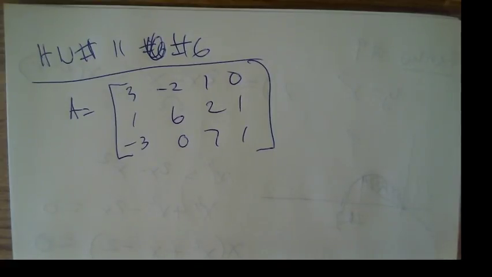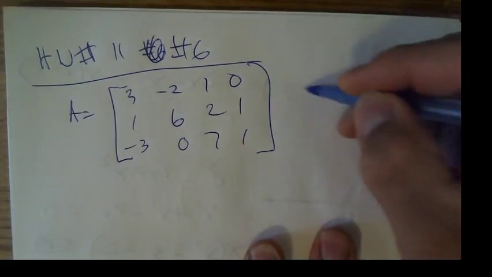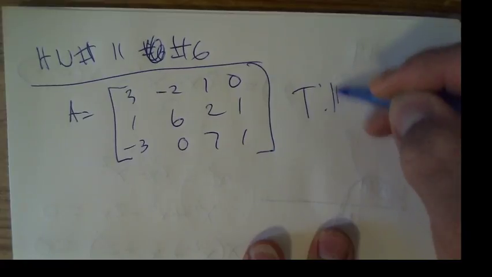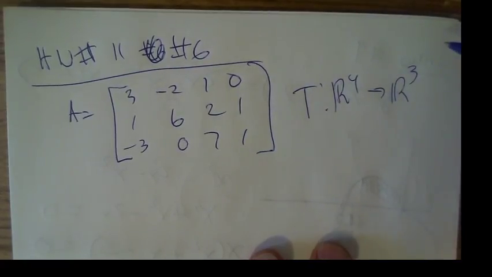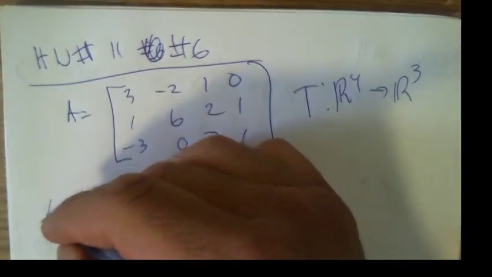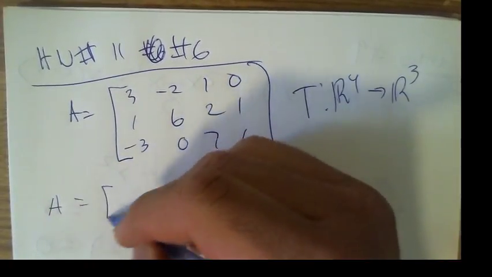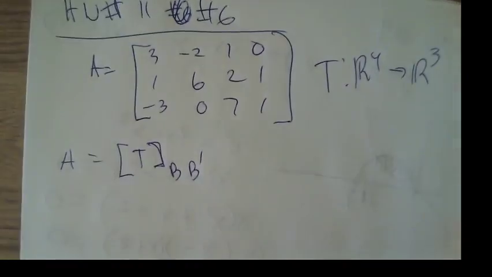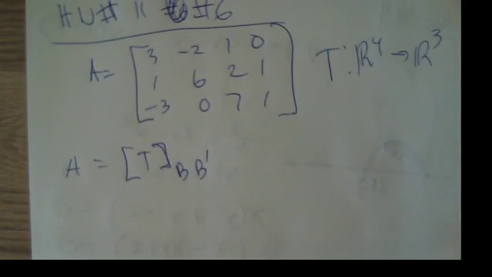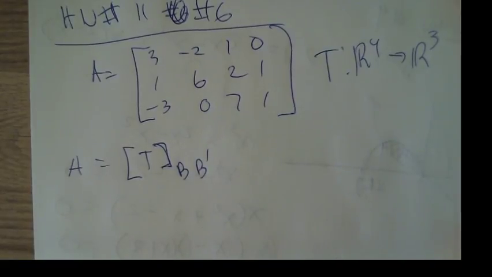And they tell me that this is the matrix for the transformation from R4 to R3 with respect to these bases. So A is actually the transformation matrix relative to B and B prime. What does that mean? They give us those matrices, they're right there in front of us.